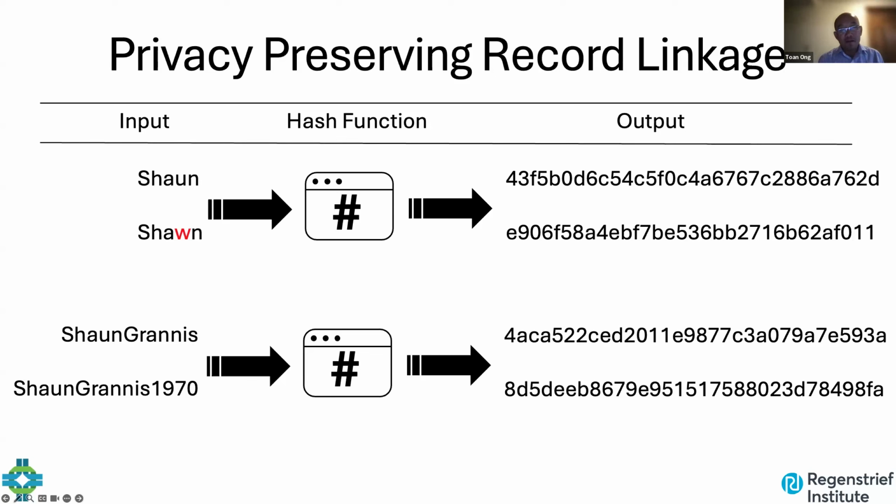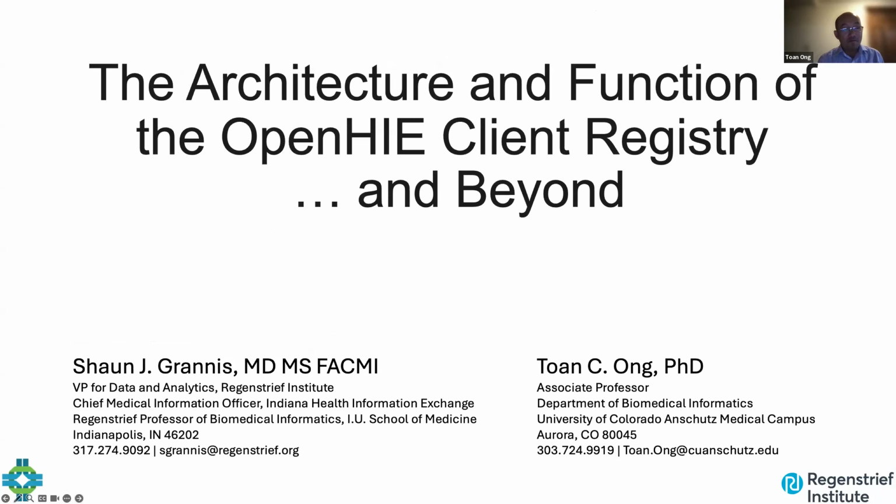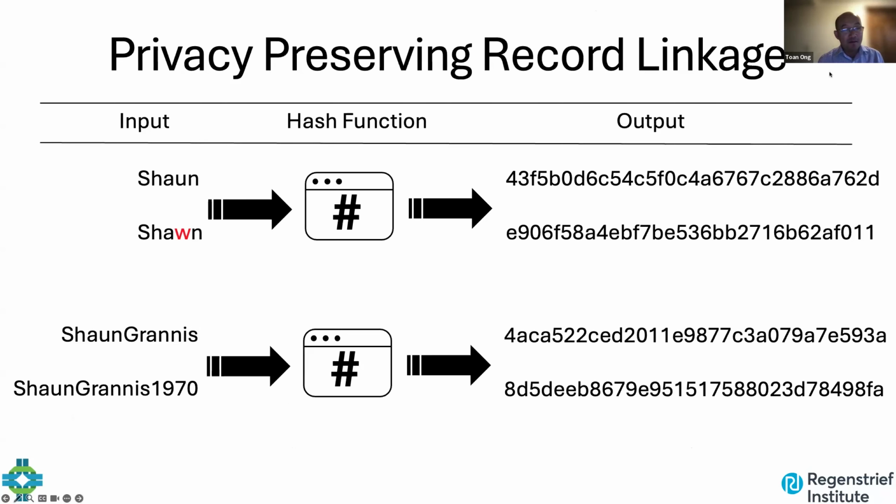So that's the benefit of the hash function, to turn it into something that cannot be reconverted to the original values. However, one of the features of the hash function is when there's a minor or a single difference in the original input values, the output value will be completely different. That makes it secure, but also challenging in terms of matching.